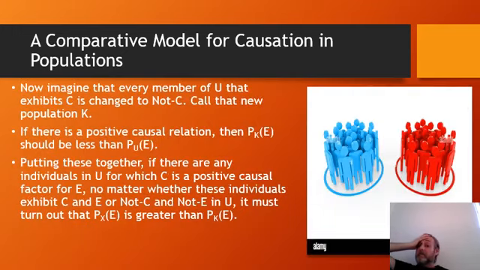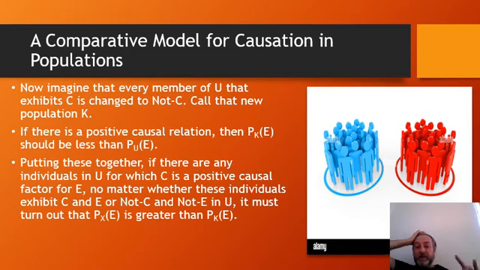Now let's imagine another manipulation to our population U. Let's suppose that we changed all the C's to not-C's, so that now all the smokers are non-smokers. Again, if there's a positive causal relation between C and E, then you should expect fewer cases of cancer in the new population where no one smokes.